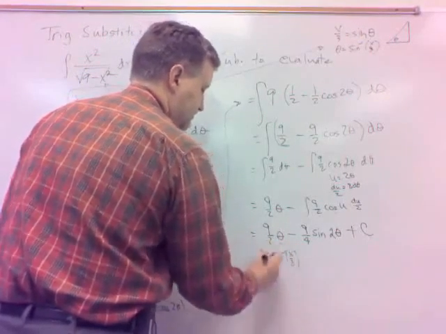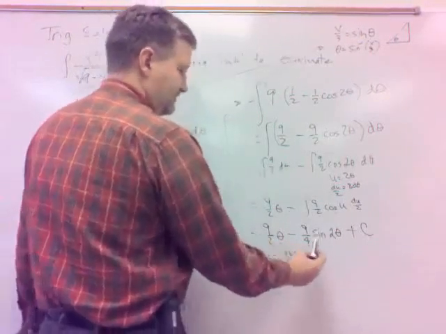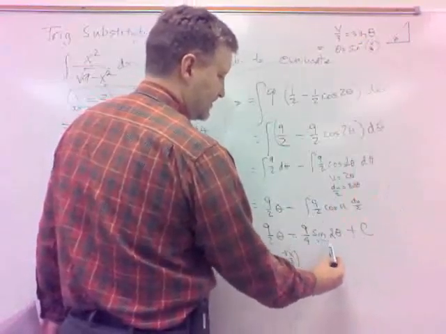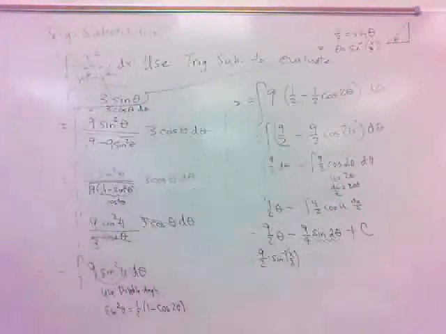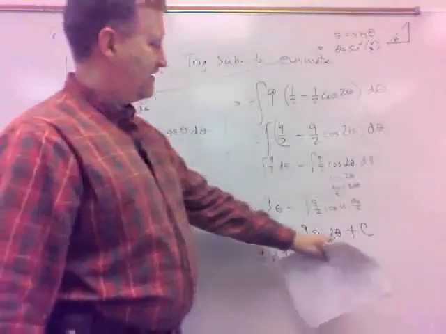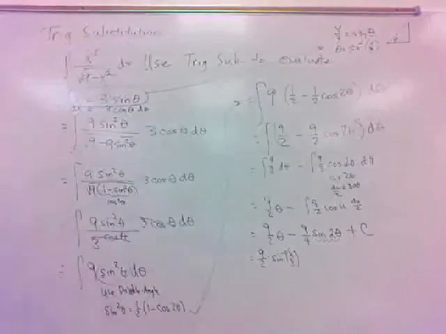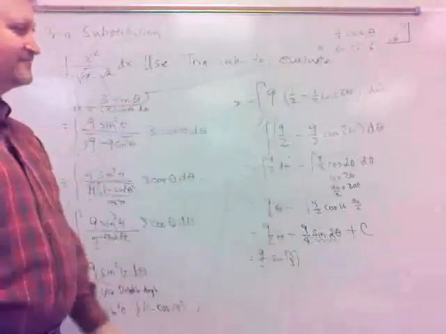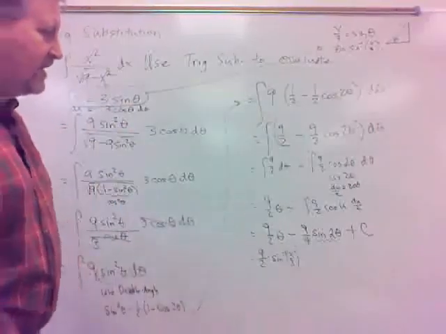Now, this one's fun also. Not too bad, though. Sine of 2 theta. Notice there, that's sine of 2 theta, not sine of theta. Well, I need to get it back to sine of theta, and actually it'll be cosine theta too. There's another double angle.